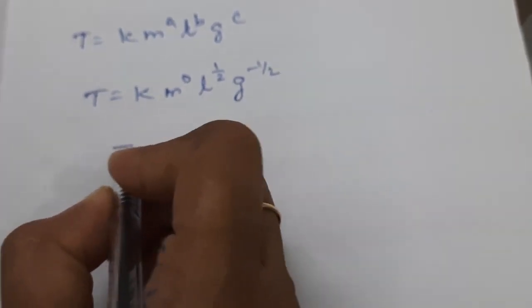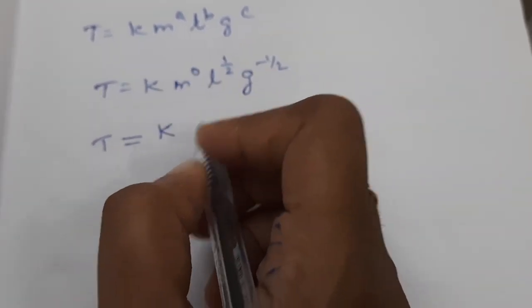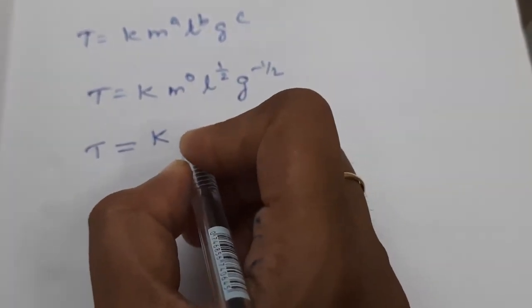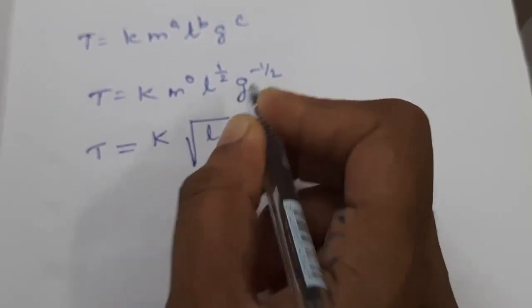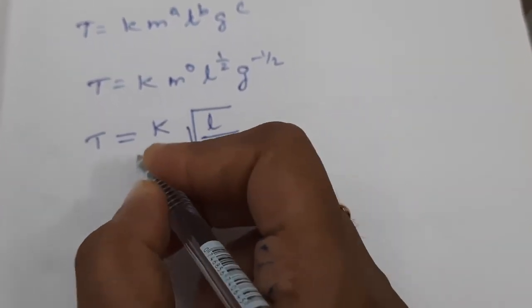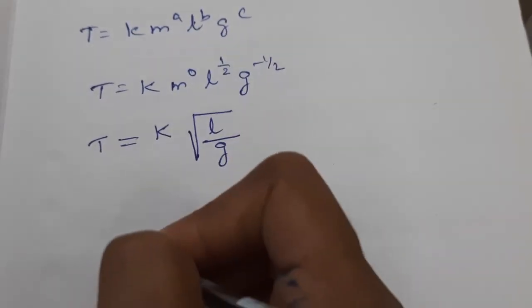So we can write T is equal to k into, anything power 0 is 1, L power 1 by 2 we can write as root of L, and g power minus 1 by 2 we can write as 1 by root of g. So we can write it as T is equal to k into root of L by g.